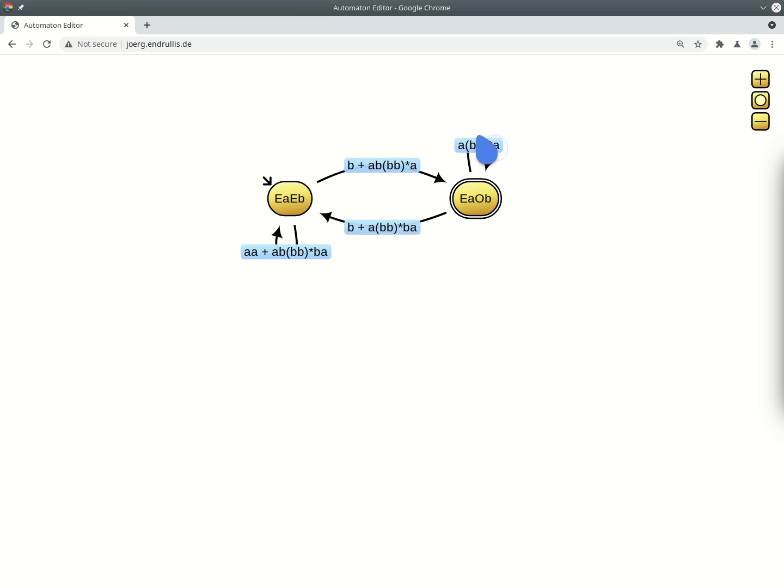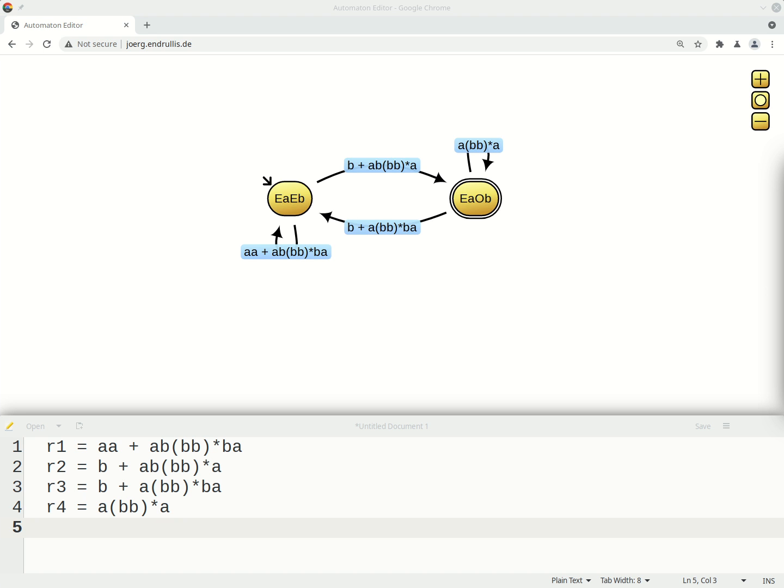Now we have an automaton that consists of two states, a starting state and a final state, so no more states can be dropped. We have merged all the double arrows, and these are the regular expressions on the remaining transitions. Now let's read off the regular expression.